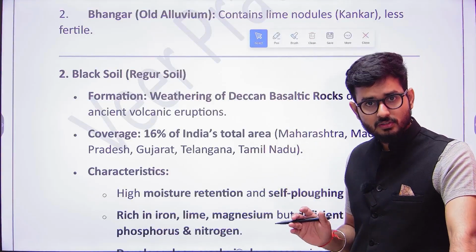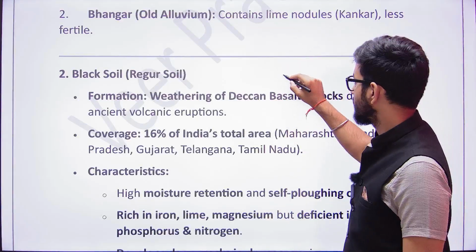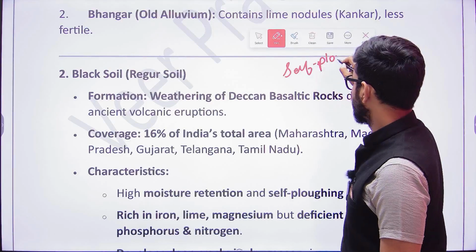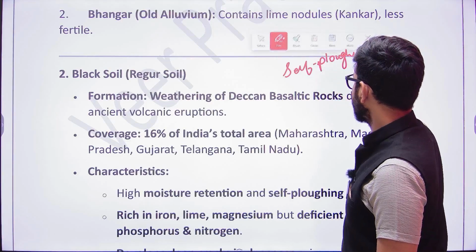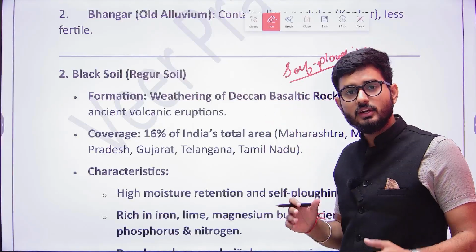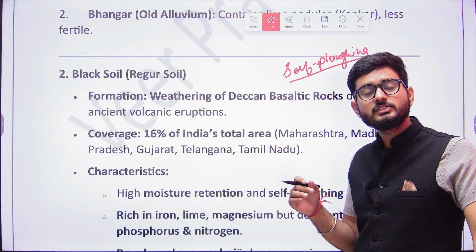Moreover, when we talk about this black soil, it is also known for its self plowing nature. That means when the soil is wet, it becomes sticky.